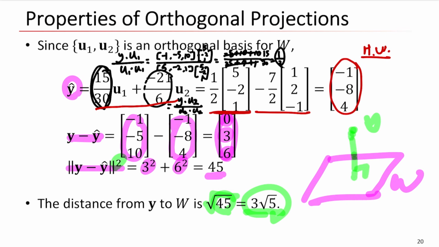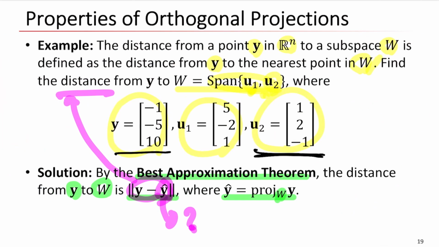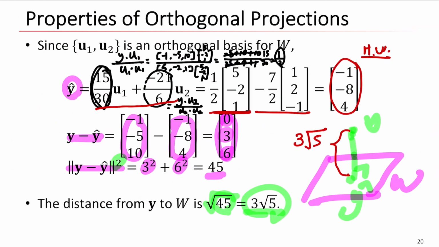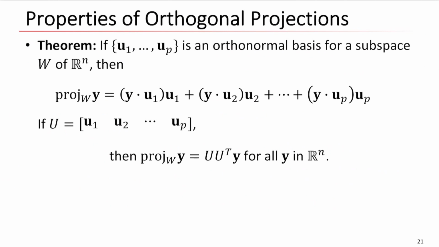It can be defined by the orthogonal projection y hat here. So in this case, the length between this vector y and subspace W is 3 square root of 5. This is the solution of this example. It is very intuitive and easy, so you can easily follow this one.